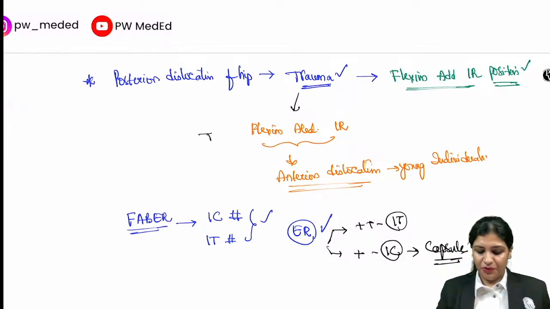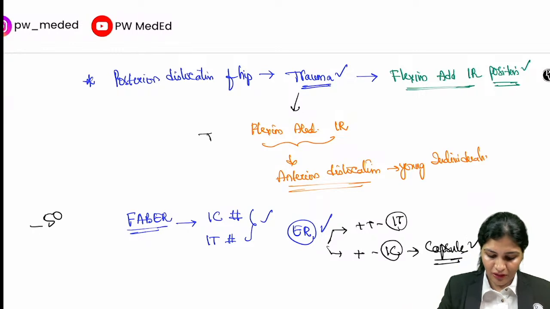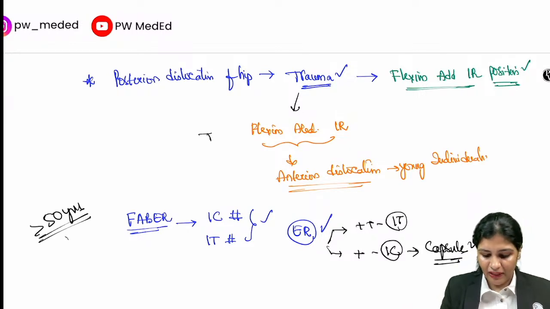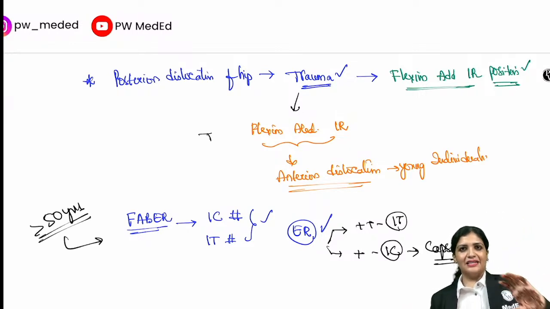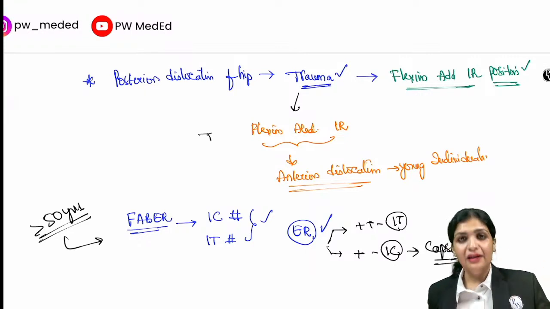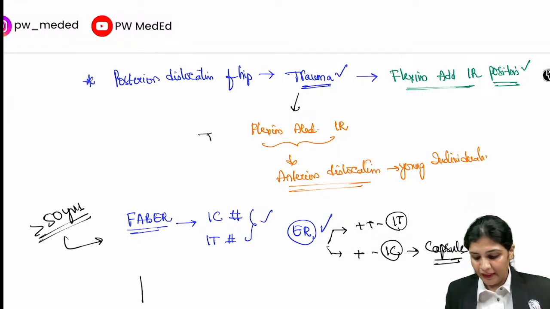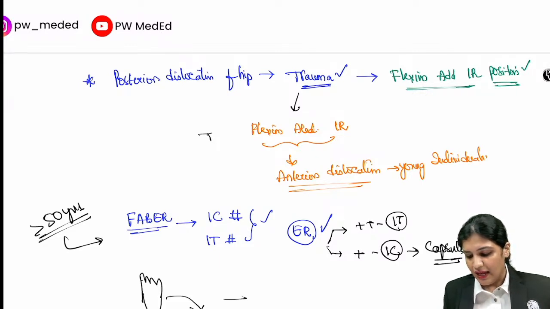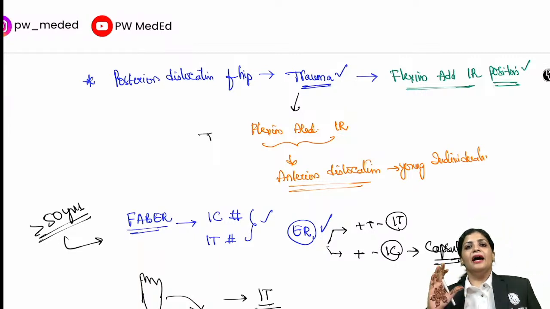So if the age is somewhere above 50 years, and now in casualty, if you see there is an external rotation of the limb, and if this limb is completely touching the couch, then that is your IT fracture. Right, so with external rotation, if your limb is completely touching the couch, this is the IT fracture.